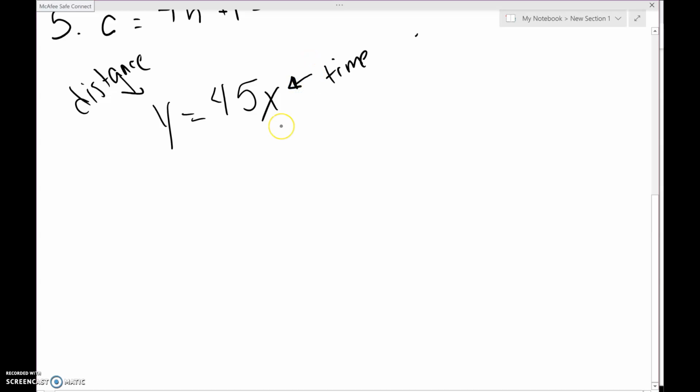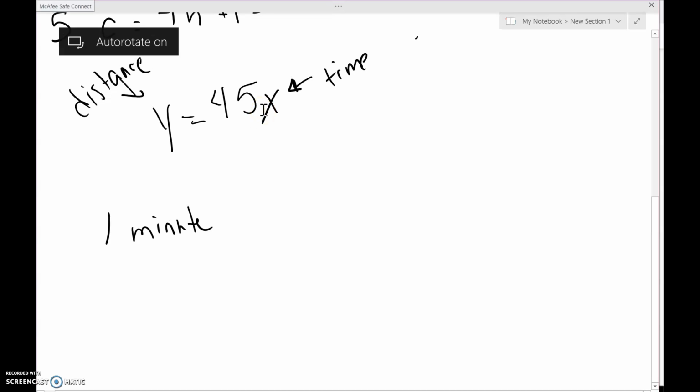All right, so I'm traveling for 1 minute. However, I know this is 45 miles per hour. So that's 45 miles to 1 hour. How am I going to write 1 minute?